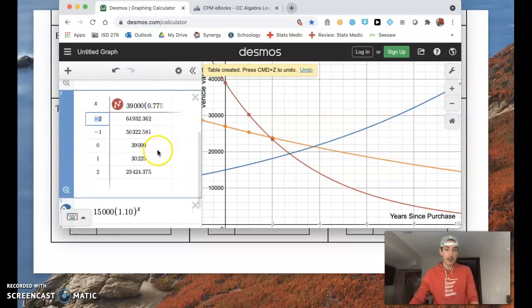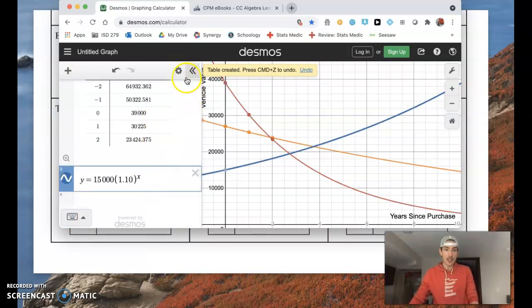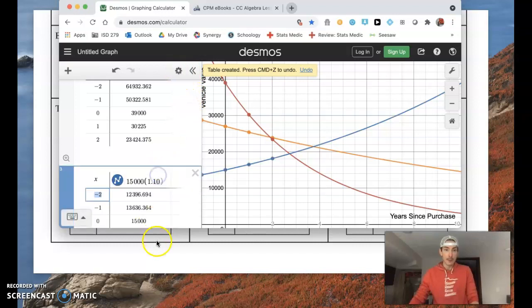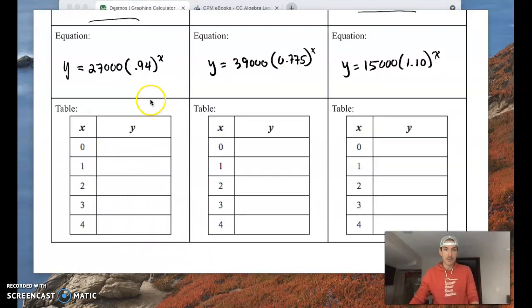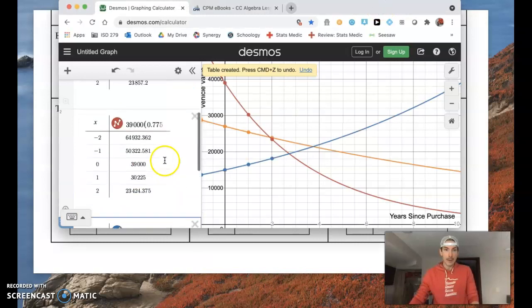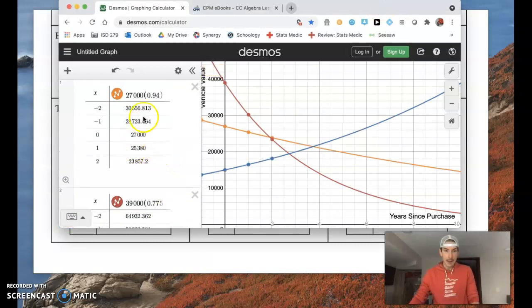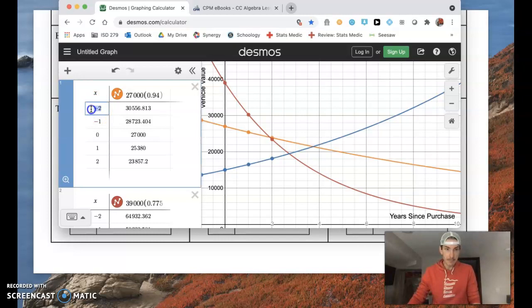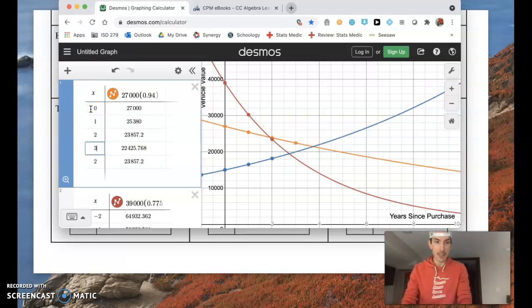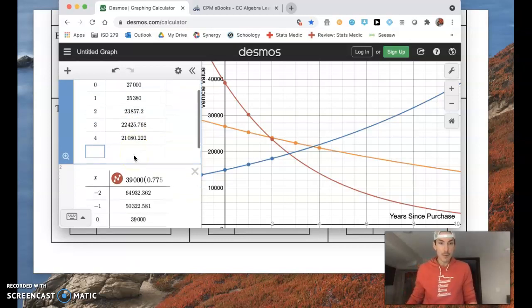It turns my function into a table, and I can adjust these values. For example, in my notes, my table goes from 0 to 4. So I'll go back up here to my Honda, and I will turn this into 0, 1, and look at Desmos, it auto calculates for me. 1, 2, 3, 4.